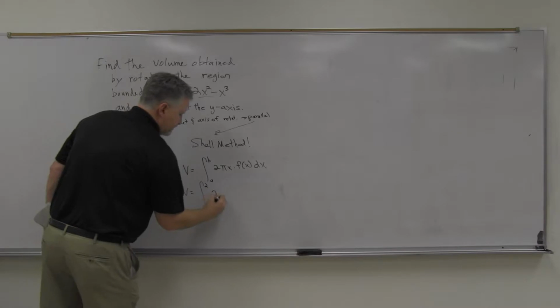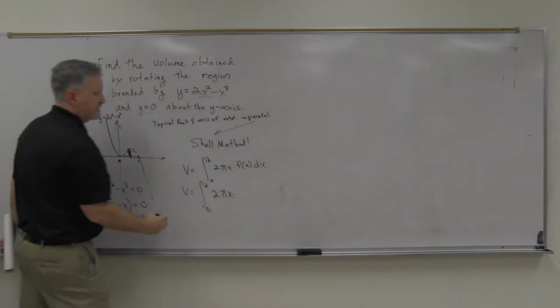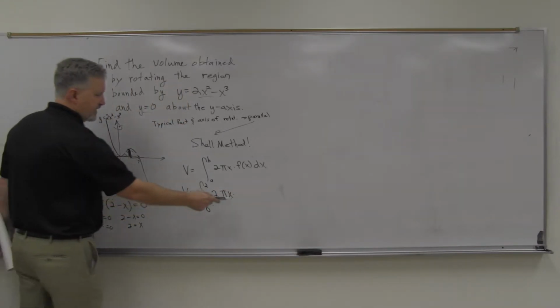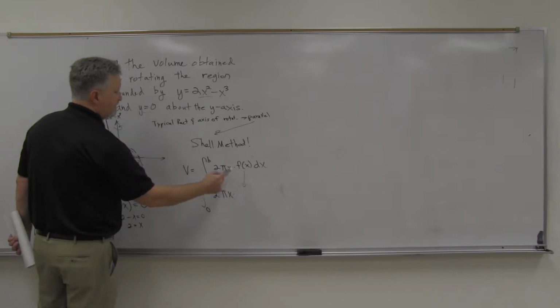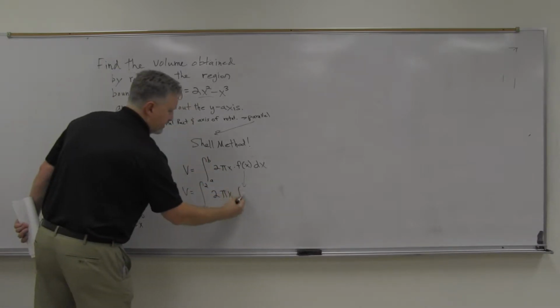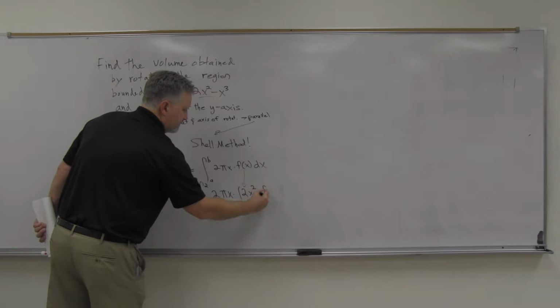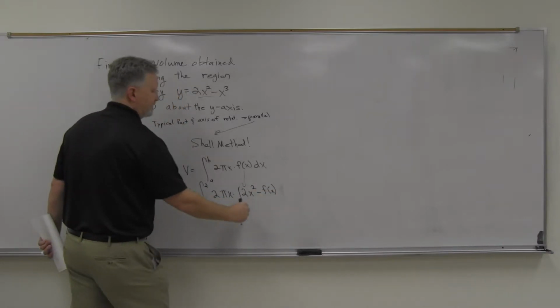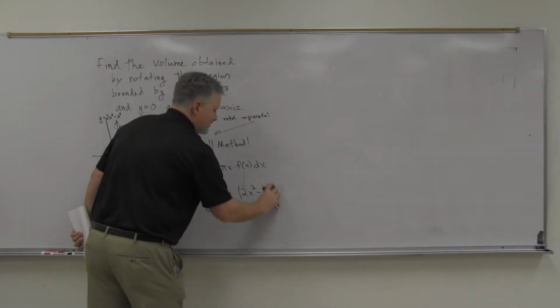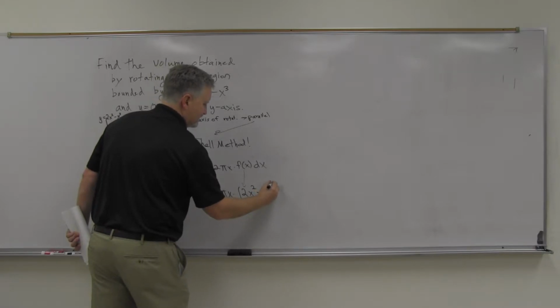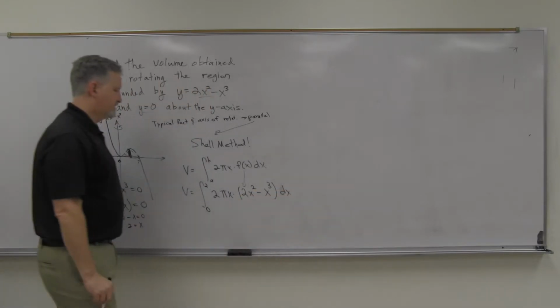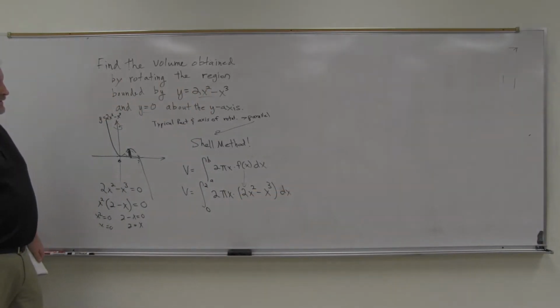All right, then my 2 pi x, so I've got an extra x, and then multiply that by my function, which is 2x squared minus x cubed, dx.